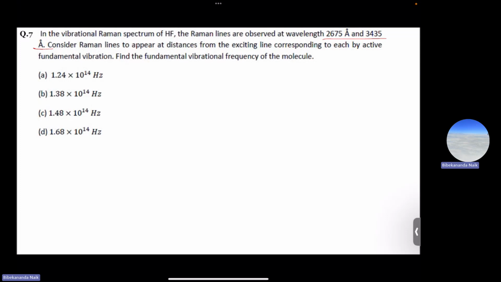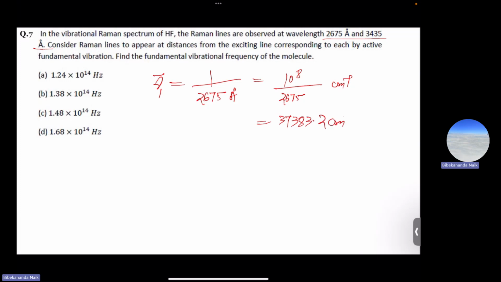We will first calculate the wave number corresponding to these particular values, and then find the value of frequency. So the Raman lines are observed at wavelength 2675 angstrom and 3435 angstrom. The first line is 1 by 2675 angstrom, which is 10 to the power 8 divided by 2675 centimeter inverse, which is 37383.2 centimeter inverse.